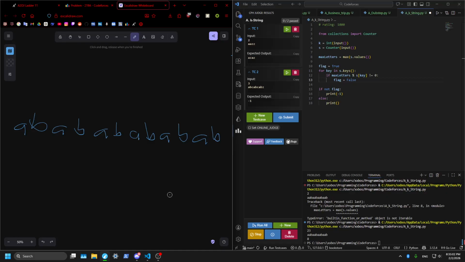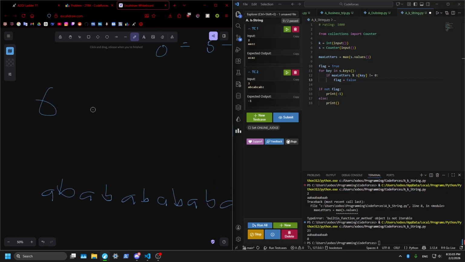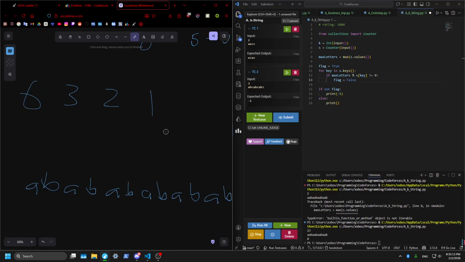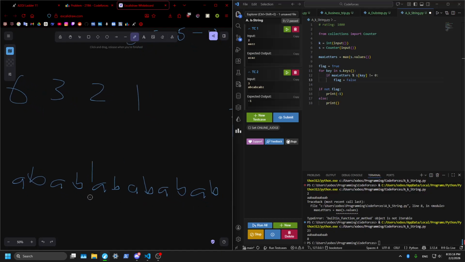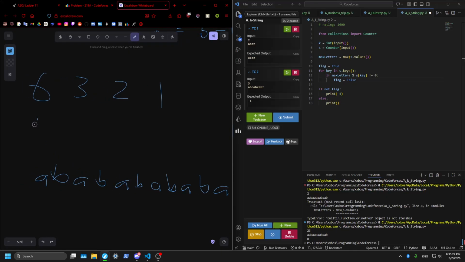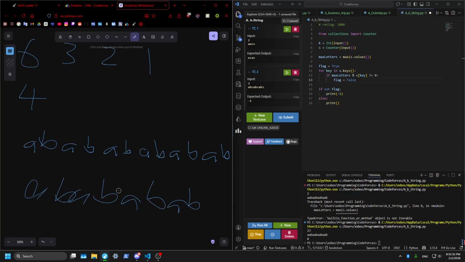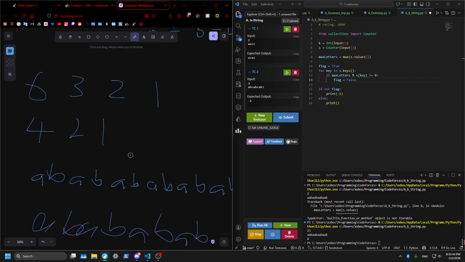stringability? So a six string is automatically a three string, two string, one string. A four string is automatically a two string, one string.